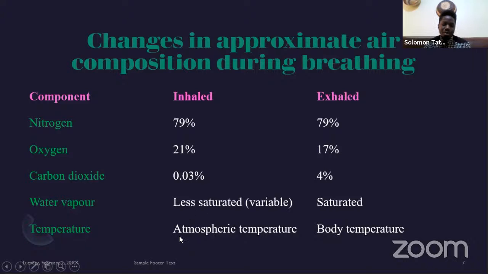For example, when it is 27 degrees Celsius in the atmosphere, the temperature of the air we breathe out will be in accordance with our body temperature, because we have what we call homeostasis. We regulate our own body temperature. Our body temperature does not depend on the atmospheric temperature, so this component is not that much affected.